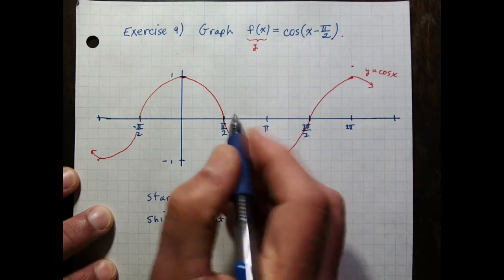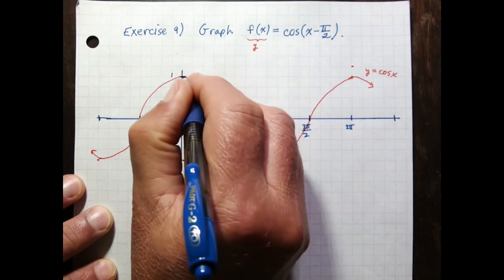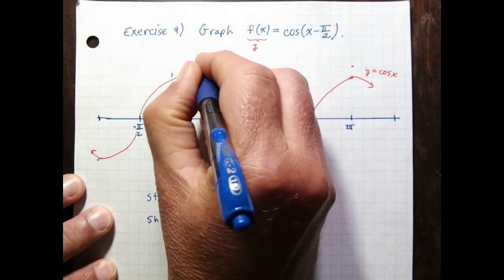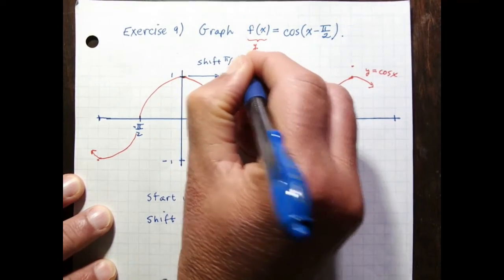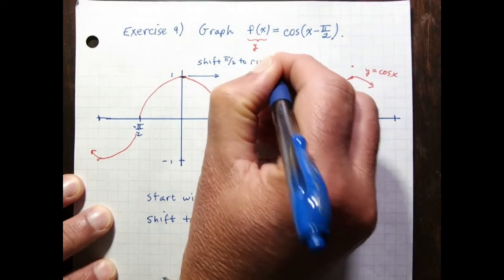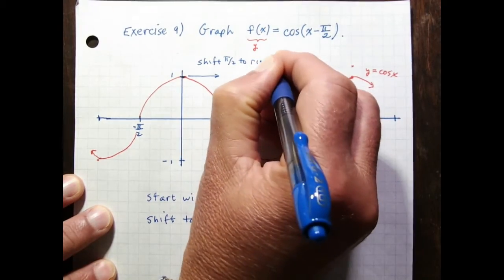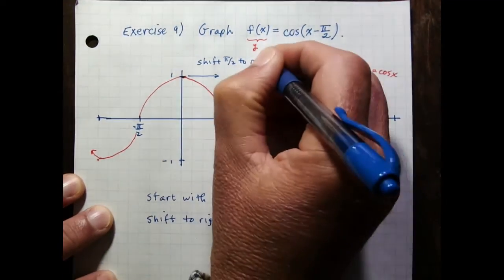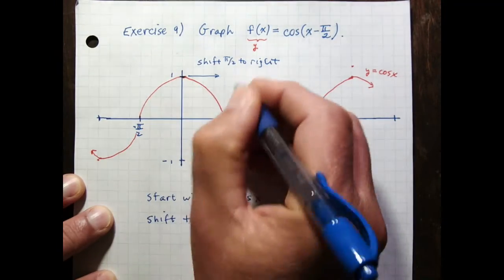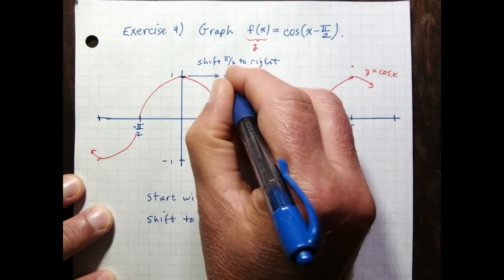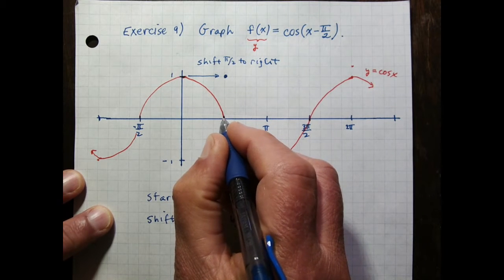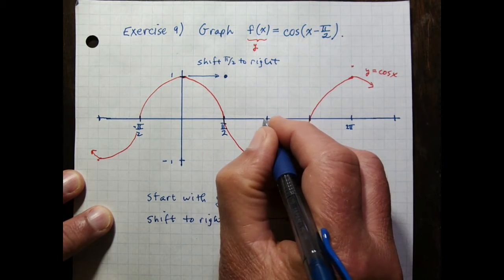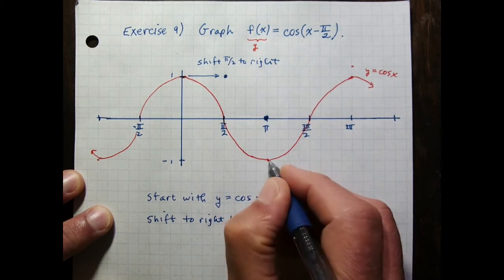And now what we want to do is take each point on this graph and shift pi over 2 to the right. And so this point is going to shift over to this position. This pi over 2 point on the x-axis is going to shift over to here.